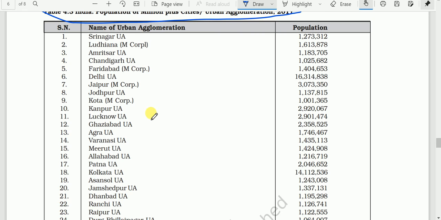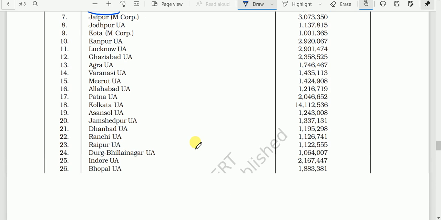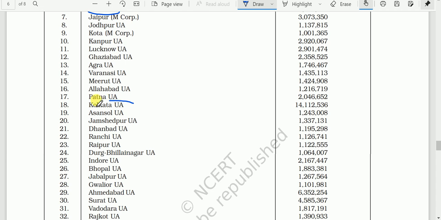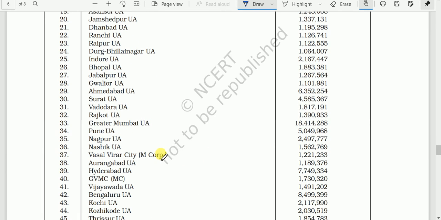Okay, see here, Delhi, for example. Delhi is here, population is here. And Kolkata is here, and this is the population. Okay, more than 14 million.